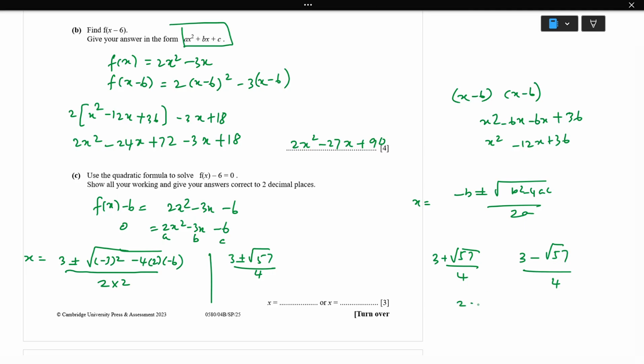So the first is 2.63074, which we round to 2.64, and the other is minus 1.13745, so minus 1.14. One answer is 2.64, and the other is minus 1.14.